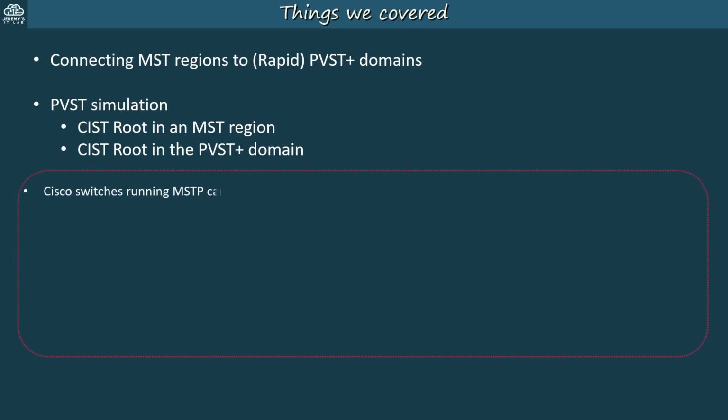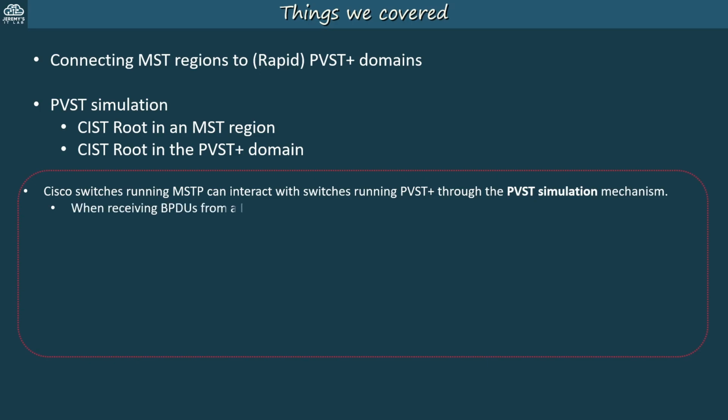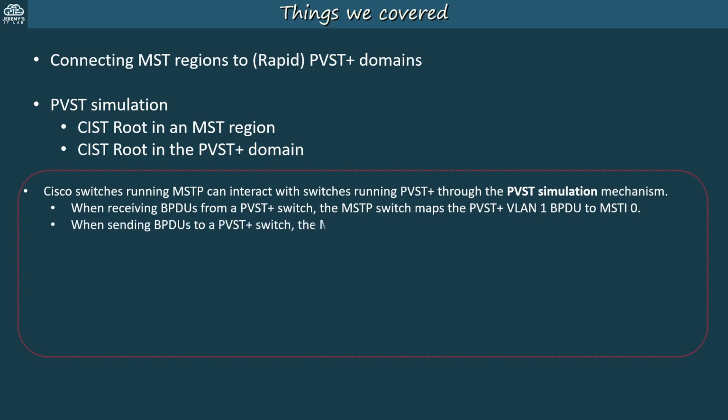Here's a summary of the key points we covered about the PVST simulation mechanism that Cisco switches running MSTP use. When receiving BPDUs from a PVST Plus switch, the MSTP switch maps the PVST Plus VLAN 1 BPDU to MSTI0. And when sending BPDUs to a PVST Plus switch, the MSTI0 BPDU is duplicated and sent in each VLAN necessary.